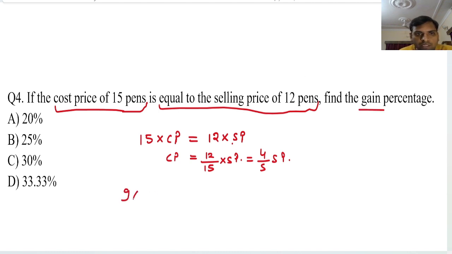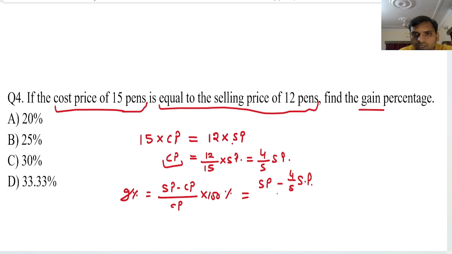Gain percent, or profit percent, equals SP minus CP divided by CP into 100. In this case, SP is taken as SP, and CP in terms of SP equals 4 upon 5 SP, and this divided by CP, again 4 upon 5 into SP, multiplied by 100%.